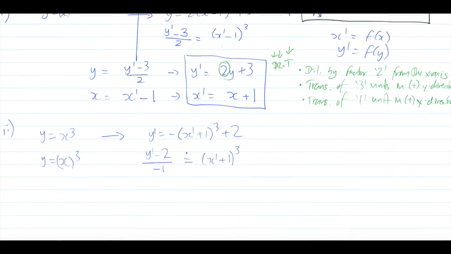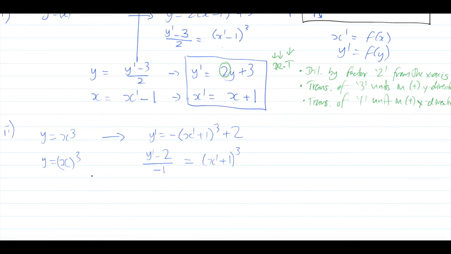So once you have it in this format, guys, you can then try to compare them together. So my old y is equivalent to my new y minus 2 divided by minus 1. And my old x is my new x plus 1, right? You don't have to worry about the cube. That's already there. That's the same. So the only thing you need to look at is, what happened to your old x and what happened to your old y, right?